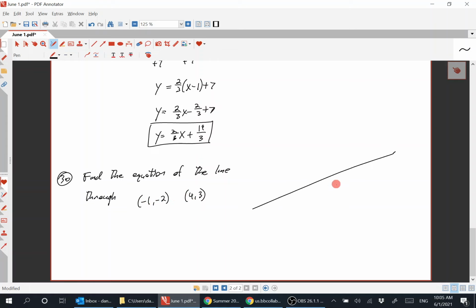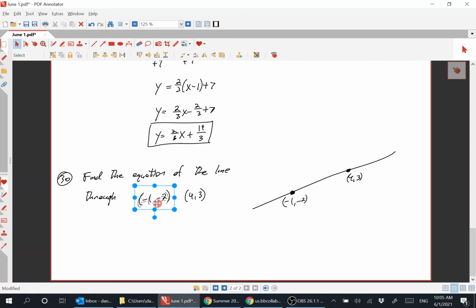You've got these two points on the line. Again, you need two ingredients to get the equation of a line: a slope and a point on the line. I've got two points on the line, but I don't have the slope. But two points on the line is enough to define the line because it'll give you the slope.